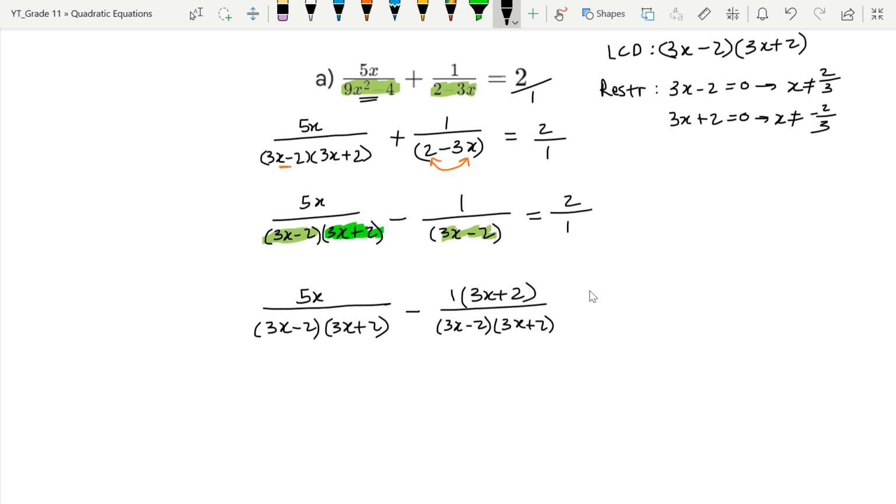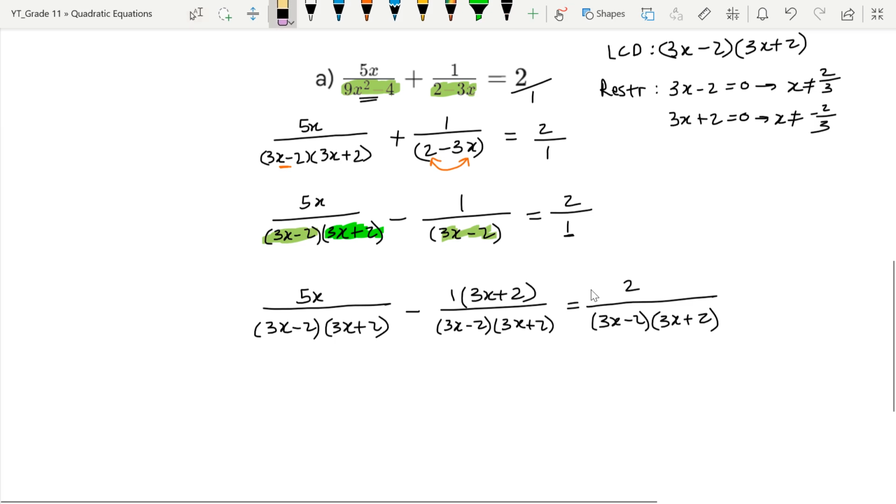Do I have to write that 1? Absolutely not. And to make that denominator, I multiplied the bottom by that, so I also need to multiply the top by that. So 2(3x minus 2)(3x plus 2).